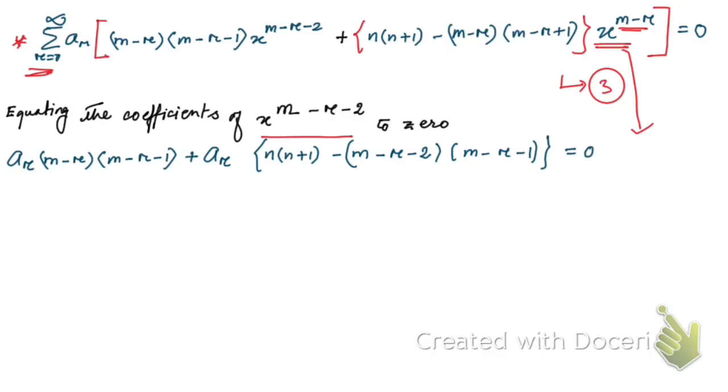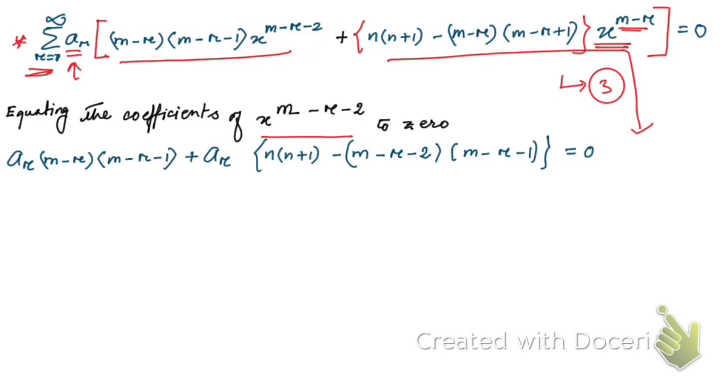Hope you have understood this. So now you see, what I have taken here is ar into this, then ar into this, okay? But here don't write the summation, okay? We are taking only the term where we have x to the power m minus r minus 2.